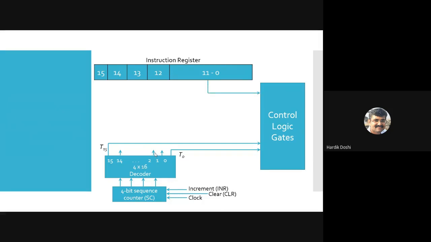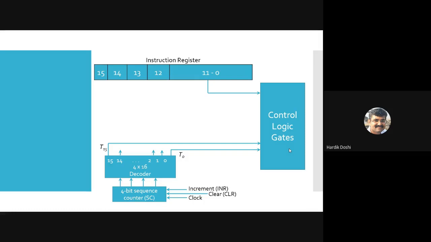Now comes the picture. Bits 0 to 11 are directly given to the control logic gates of the control unit. But the main thing is which instruction is there that needs to be decoded, because we have 25 instructions as per our instruction set. Yes or no?